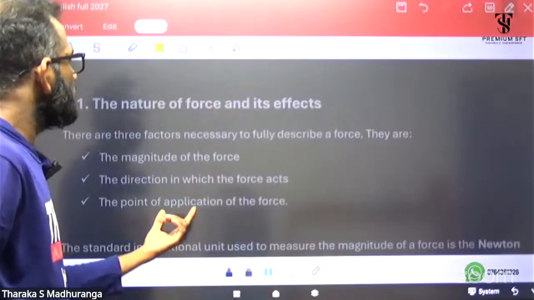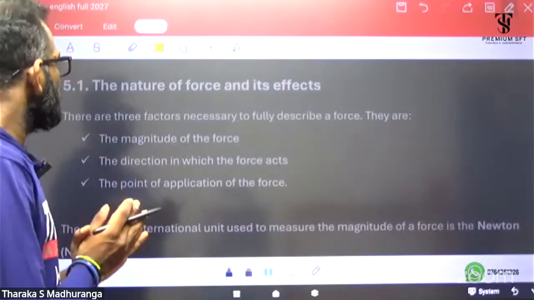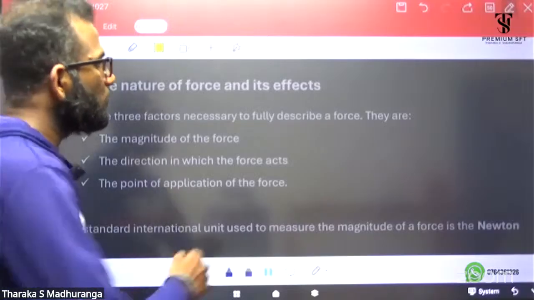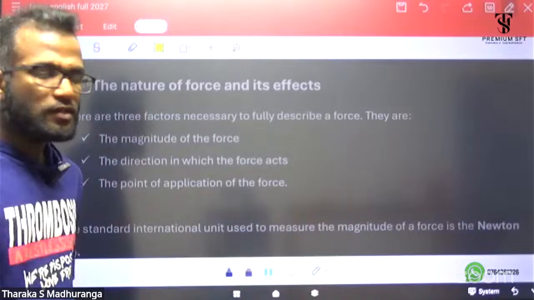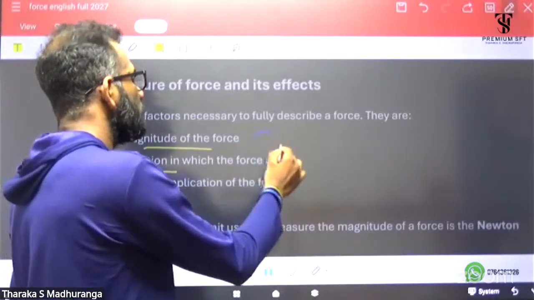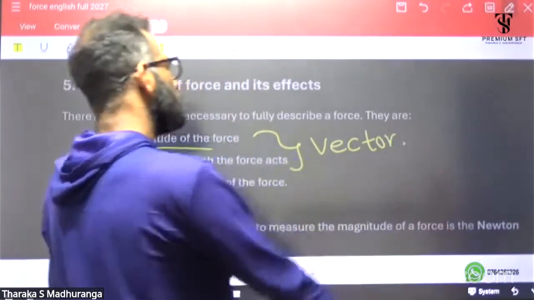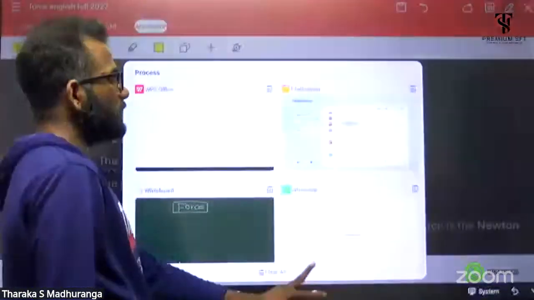There are three factors necessary to describe a force: the magnitude of the force, the direction, which is why we call it a vector quantity, and the point of application of the force.